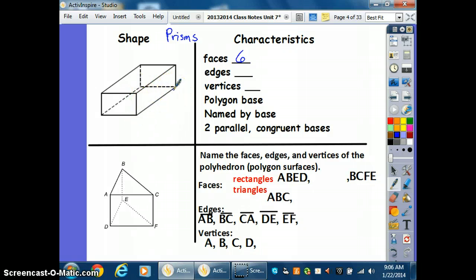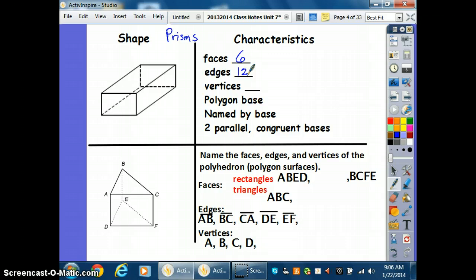And how many edges do we have? Here's how I like to do it. I like to count the edges on the top. That's 4. The edges on the bottom, another 4. And then the edges that connect the rectangle on the top to the rectangle on the bottom. That's another 4. So we get a total of 12.